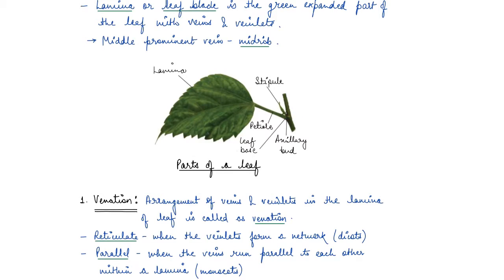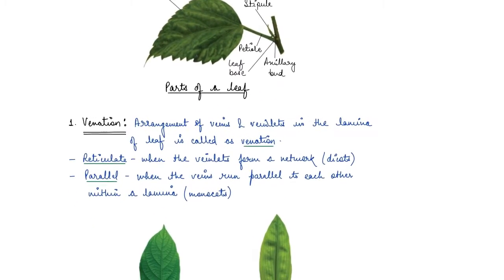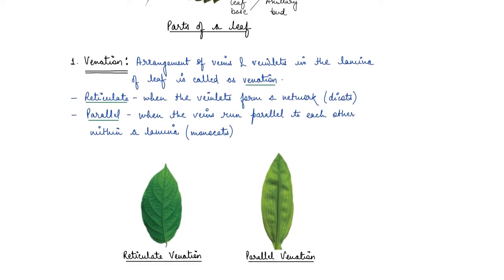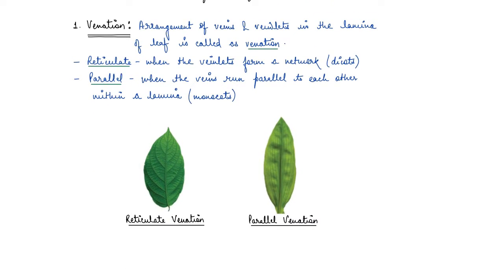So now we'll see the arrangement of veins, which is nothing but venation. So what is venation? This is the arrangement of veins and veinlets in the lamina of a leaf. Now it can be of different types. So there can be reticulate or parallel venation, right? Now in reticulate venation, the veinlets form a network.